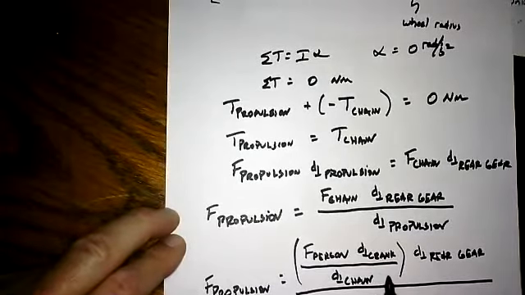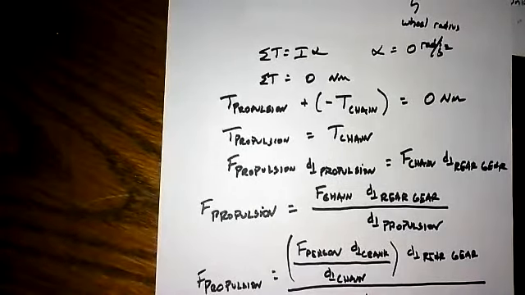Okay, so I need to do a little bit of algebra here, because this is looking a little ugly. This is too much of a hassle. So what do we do? Well, we've got to do a little bit more algebra.